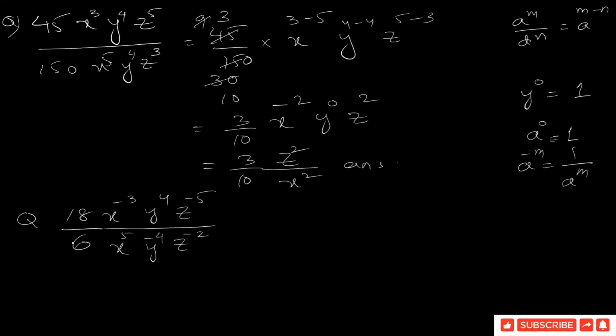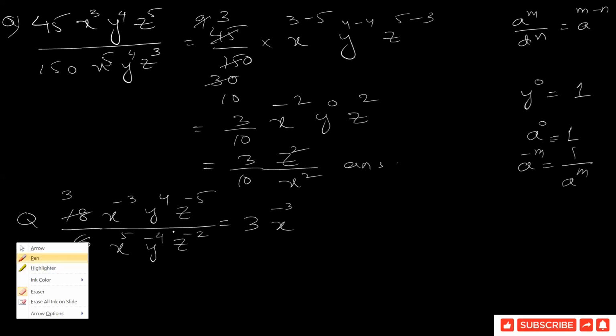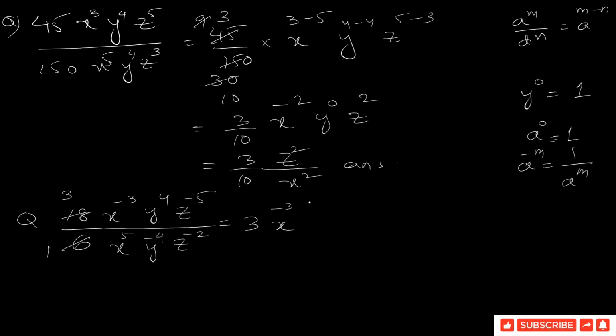So here again, 6 times 1 is 6, 6 times 3 is 18, so it becomes 3 here. But x power negative 3 minus 5, because down here it was positive 5, it goes up and then it becomes negative 5. Now y power 4 minus negative 4. Now z power negative 5 minus negative 2.